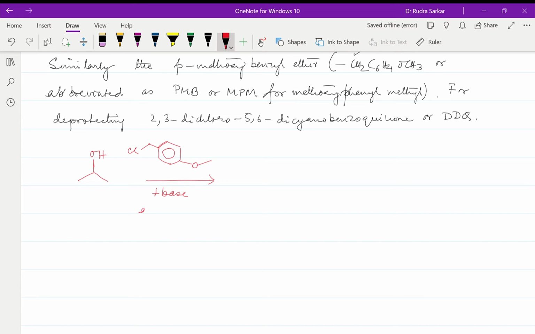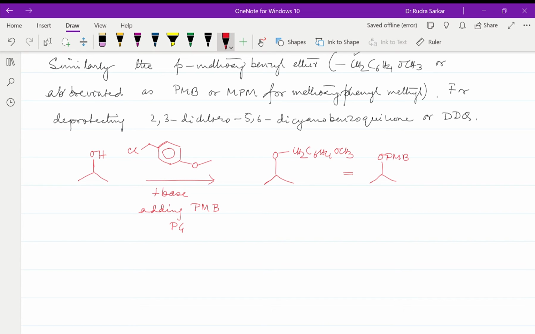So this is basically adding PMB, the protecting group, and that obviously leads to the formation of this type of ether, also represented as something like this.